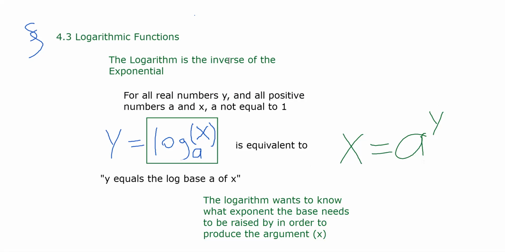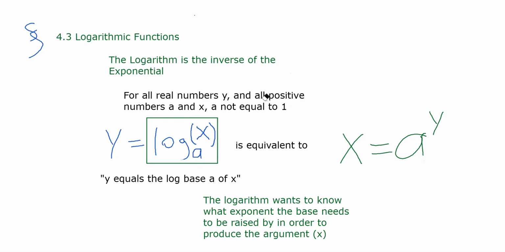A few notes: y and x and a all have to be real numbers. So again, we're not really dealing with i here. i was just something we did really early on. The base a has to be strictly positive. It says all positive numbers, a and x. So the base has to be positive. The argument of the log, the x, also has to be positive.